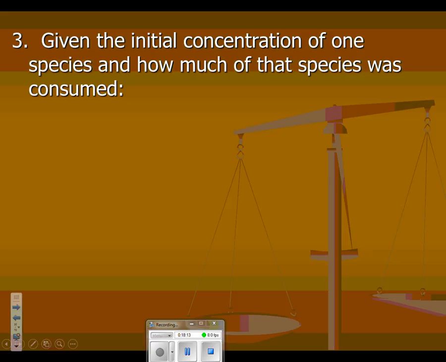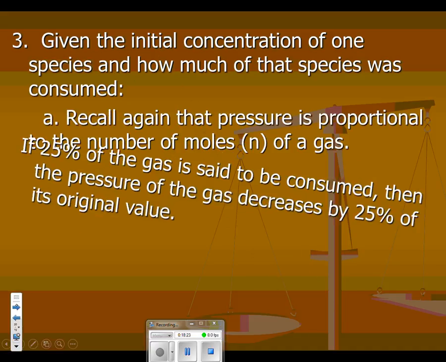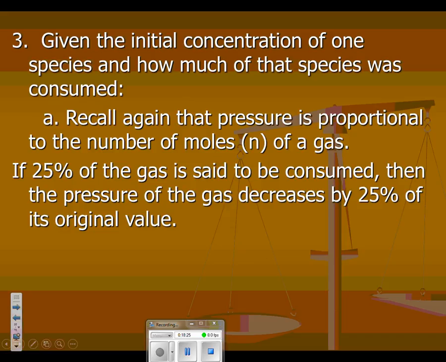This one, they give us the initial concentration of one species and how much of that species was consumed. Recall again that the pressure is proportional to the number of moles of gas. If 25% of the gas is said to be consumed, then the pressure of the gas is decreased by 25% of the original value. You need to be careful because here is where they like to trick you.